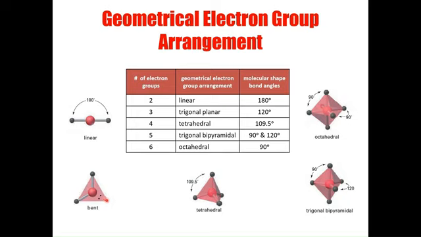And so because of that, it still holds the same geometrical electron group arrangement, which is called trigonal planar. But the molecular shape now is called bent. So in fact, this category of electron group arrangement can have two molecular shapes. It can have a bent shape, or it can have a trigonal planar shape.